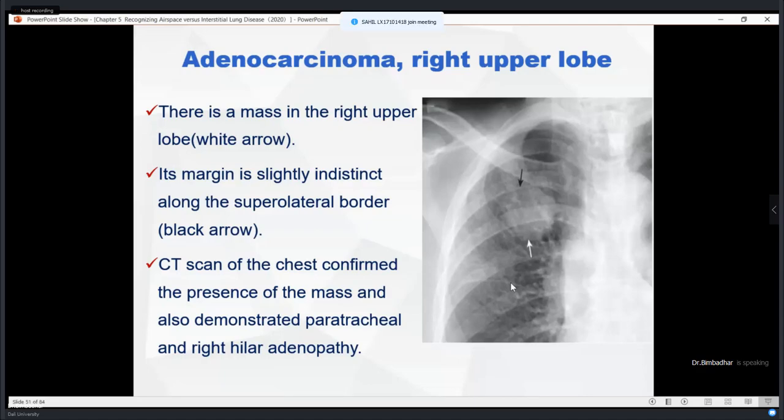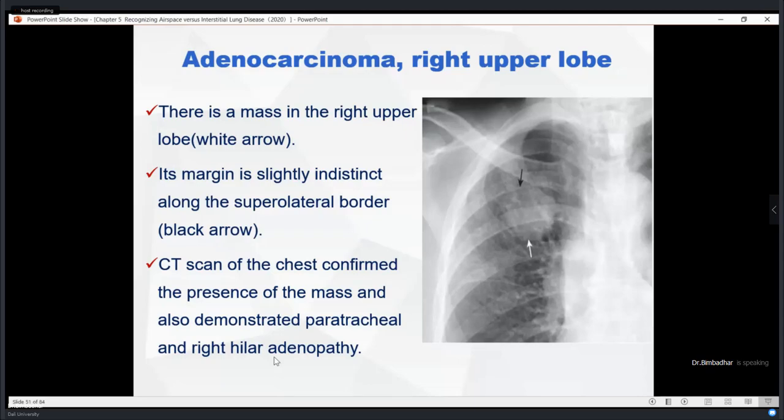So the diagnosis can also be made on a CT. A CT scan shows a well-defined mass and demonstrates paratracheal and right hilar adenopathy, indicating that it is generally an adenocarcinoma. Now let me give you more explanation related to tuberculosis.